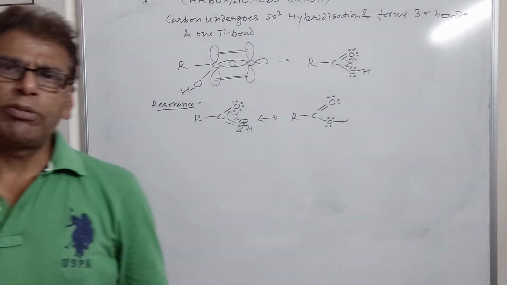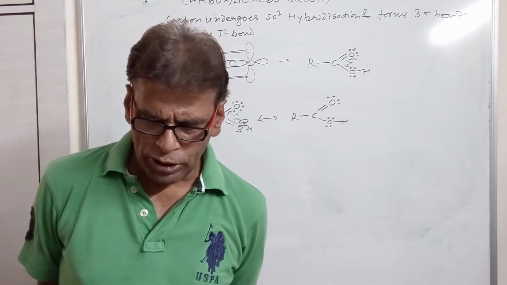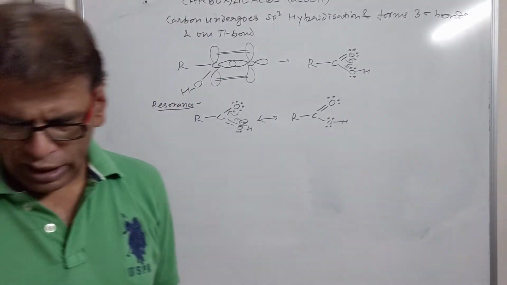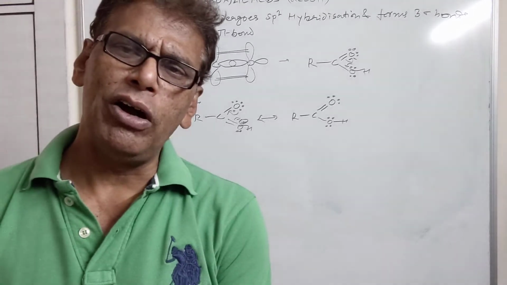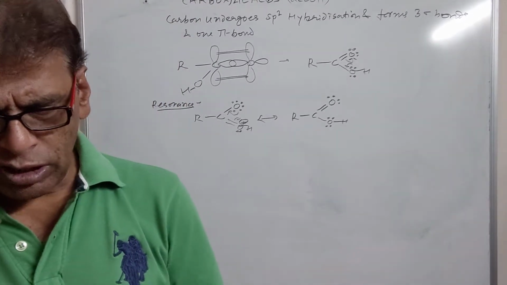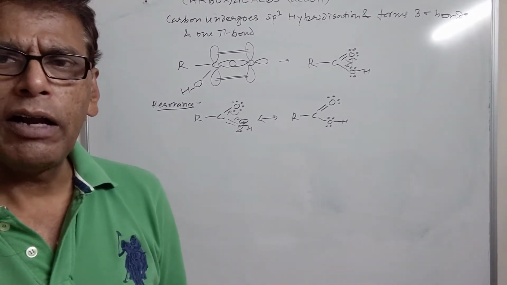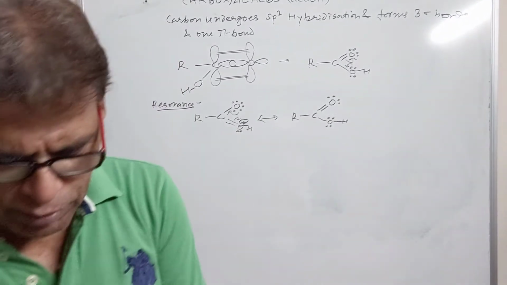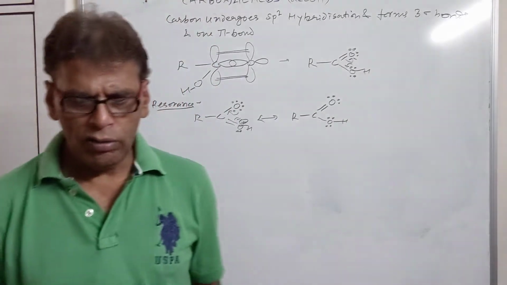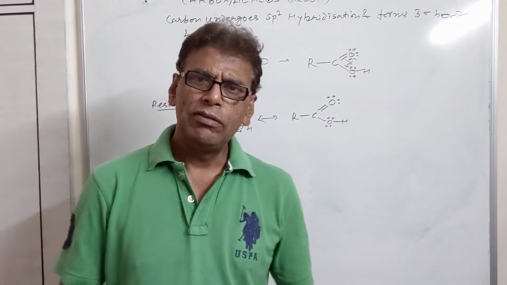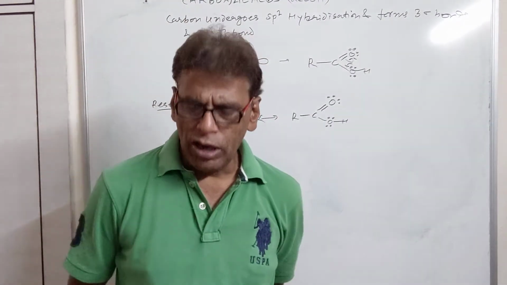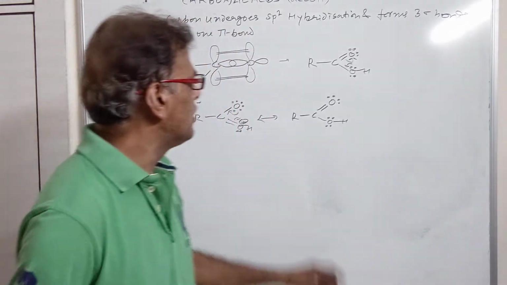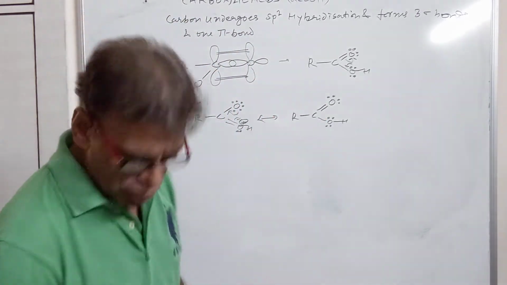After losing proton, the carboxylate ions so produced also show the resonance, and it has been observed that resonating structures of carboxylate ions are more stable as compared to that of carboxylic acid, because they do not involve separation of any charges, while this carboxylic acid involves separation of charges. Positive negative centers are being produced here.